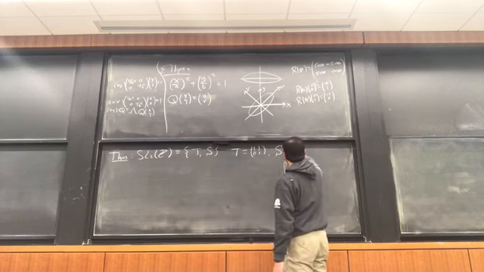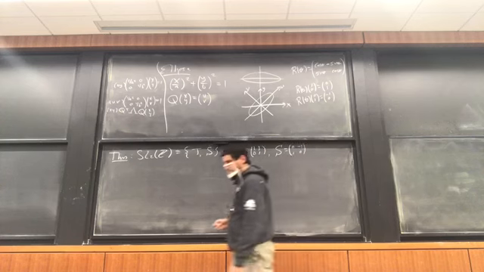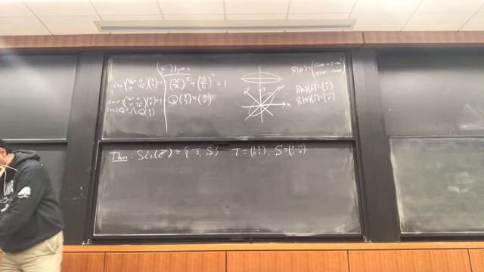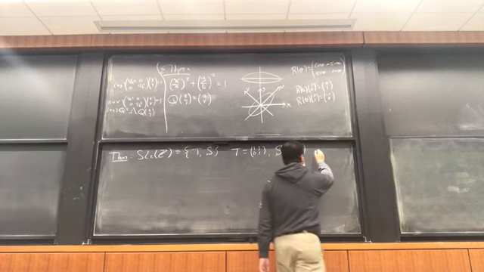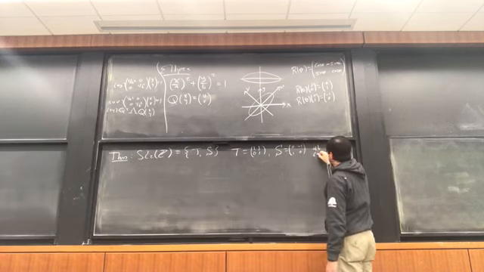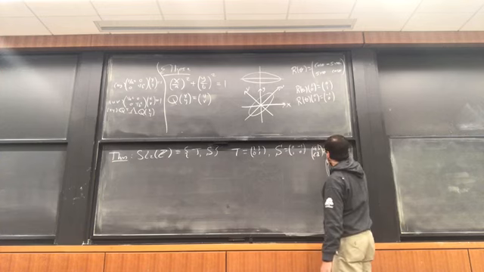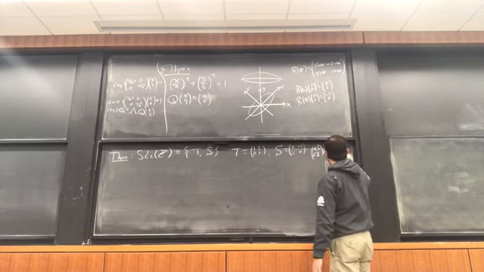S, I think I was putting the negative 1 up there. Just checking my notes. Yes. And then A, B, C, D acting on Z is AZ plus B over CZ plus D.